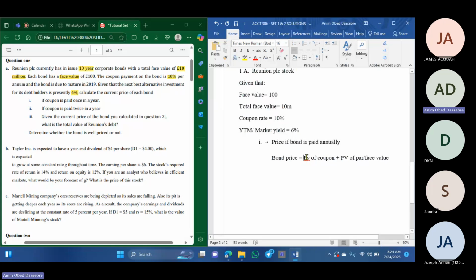And this coupon is a fixed payment that is paid annually.